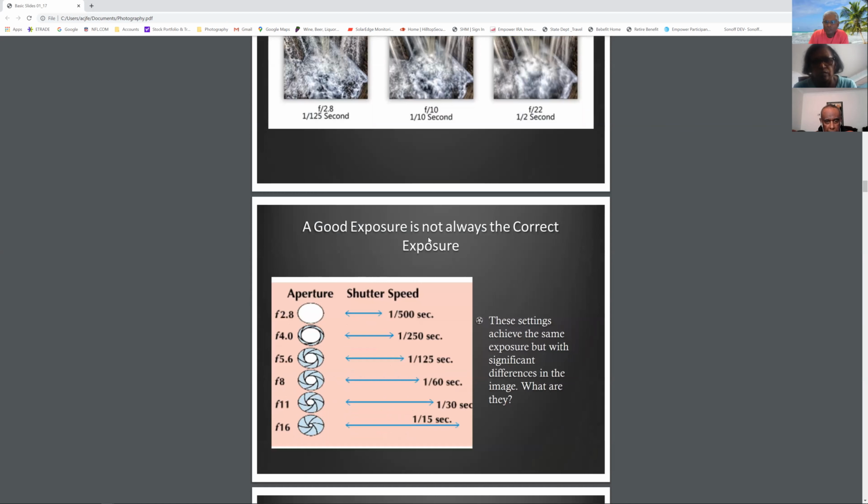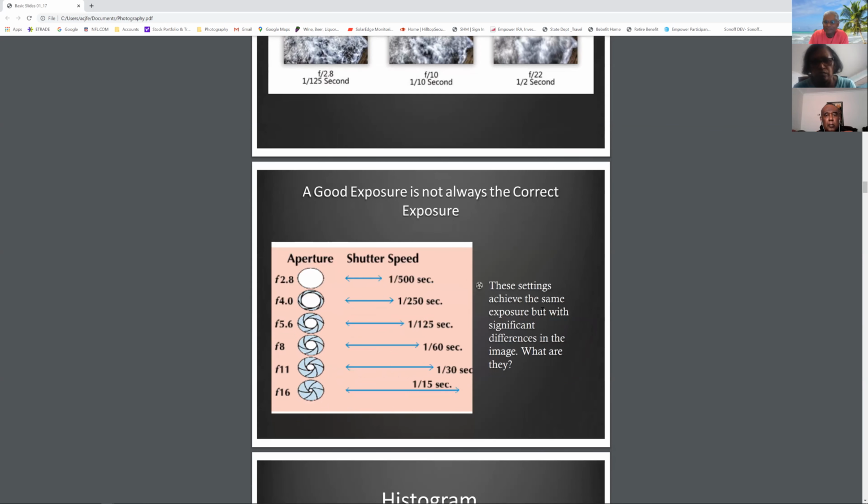A good exposure is not always the correct exposure, right? These settings achieve the same exposure, but with significant differences in the image. What are they? If you have different values, it's not always so good, depending on the same things that we talked about.